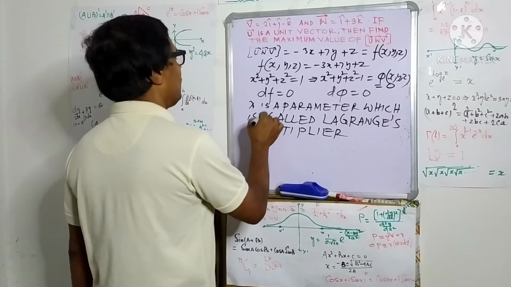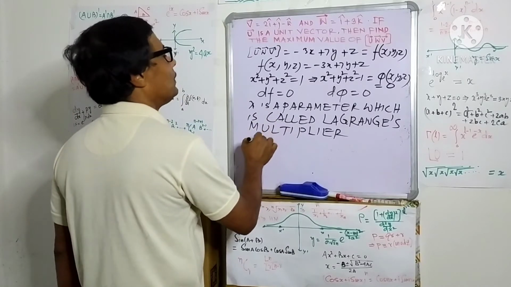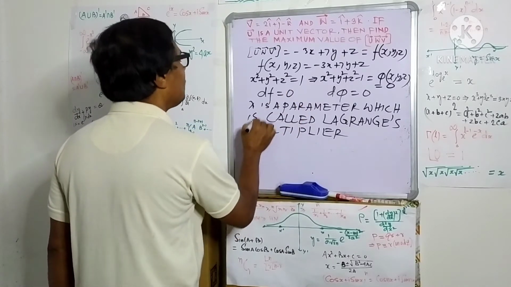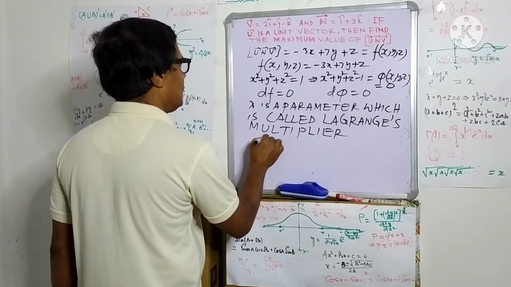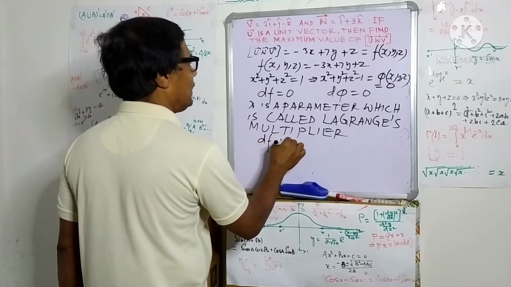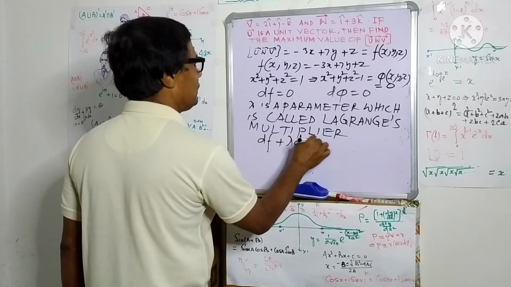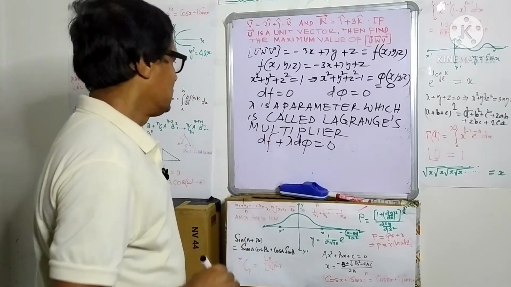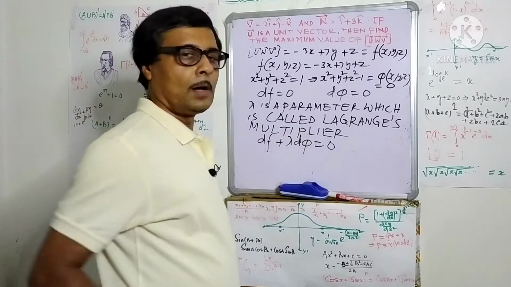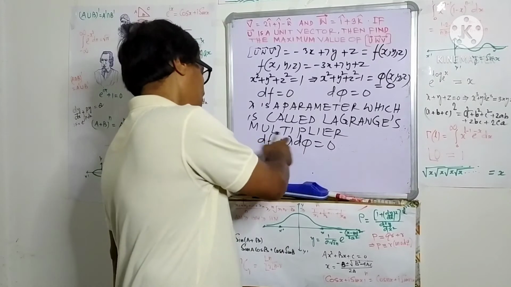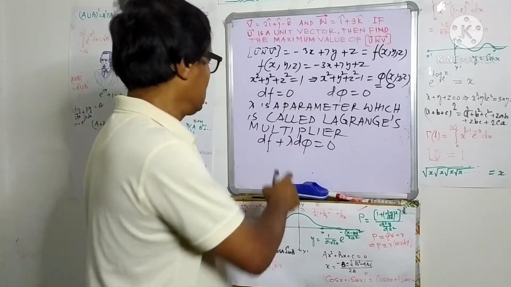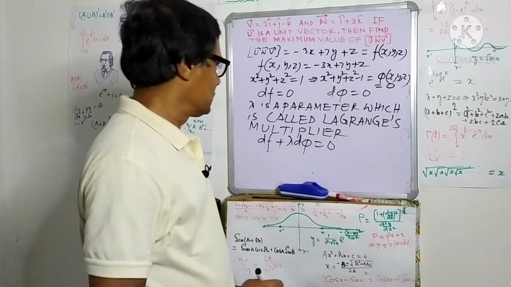We can write df plus lambda d phi equal to 0, because df and d phi are both 0. So this combination must be 0, that is df plus lambda d phi equals 0.